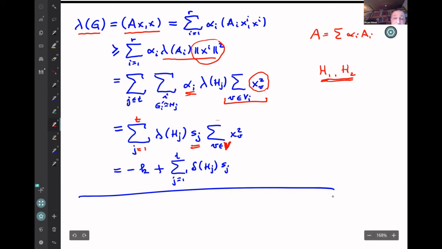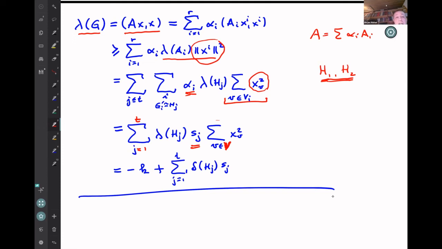This sum is 1, since this is a vector of norm 1, so it comes out. Then we just express lambda and delta with the degrees, and this is a simple verification.